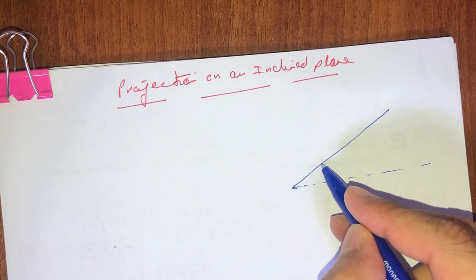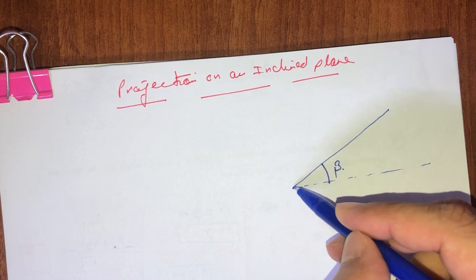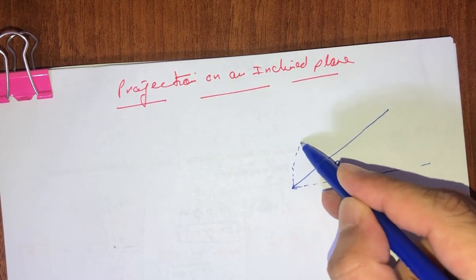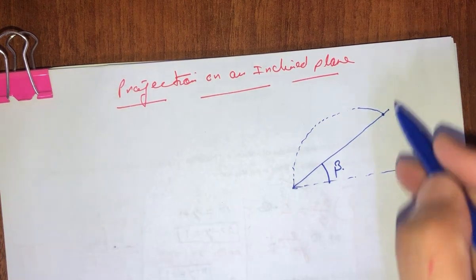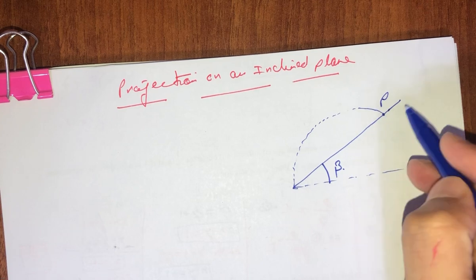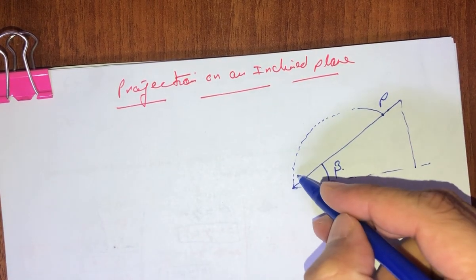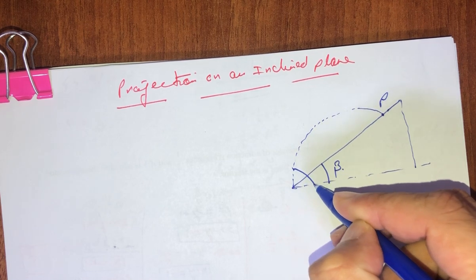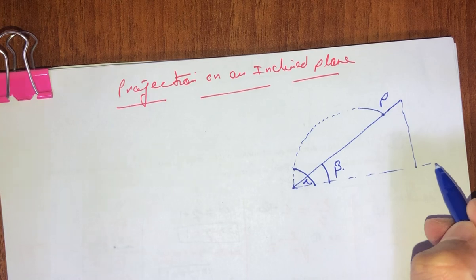Which is having an inclination angle beta, and a projectile is projected from the bottom of this inclined plane, and let us suppose it touches the point P on this inclined plane with the angle alpha to the horizontal.